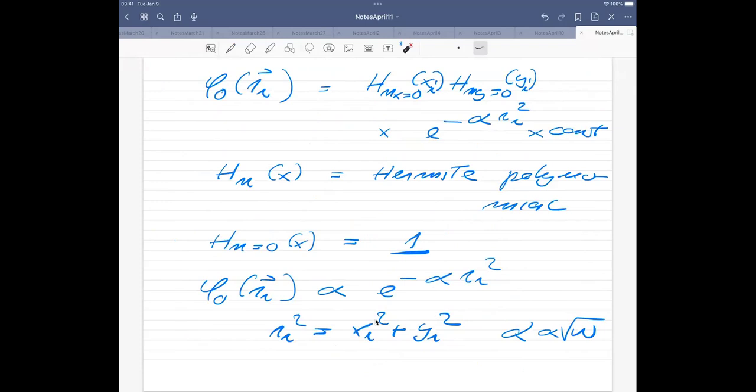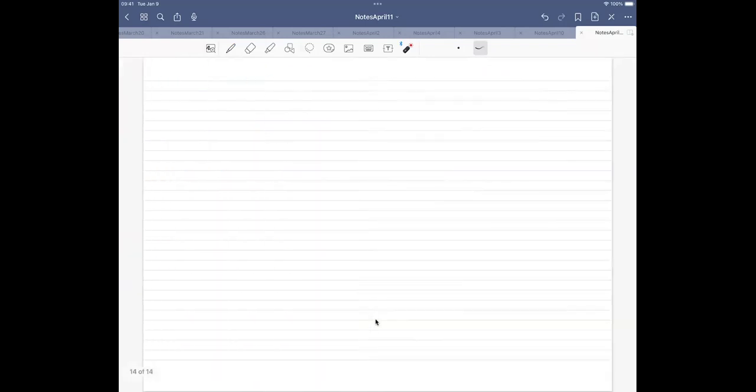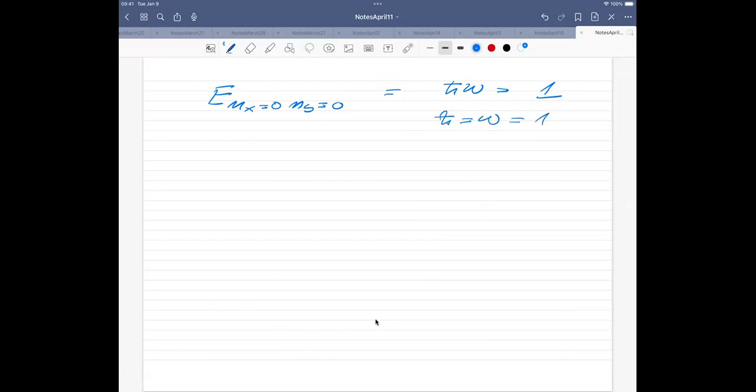So that also means that the energy for this specific system, for nx equals 0 and ny equals 0, for one particle is simply equal to h bar omega, which is equal to 1 when h bar and omega are equal to 1.